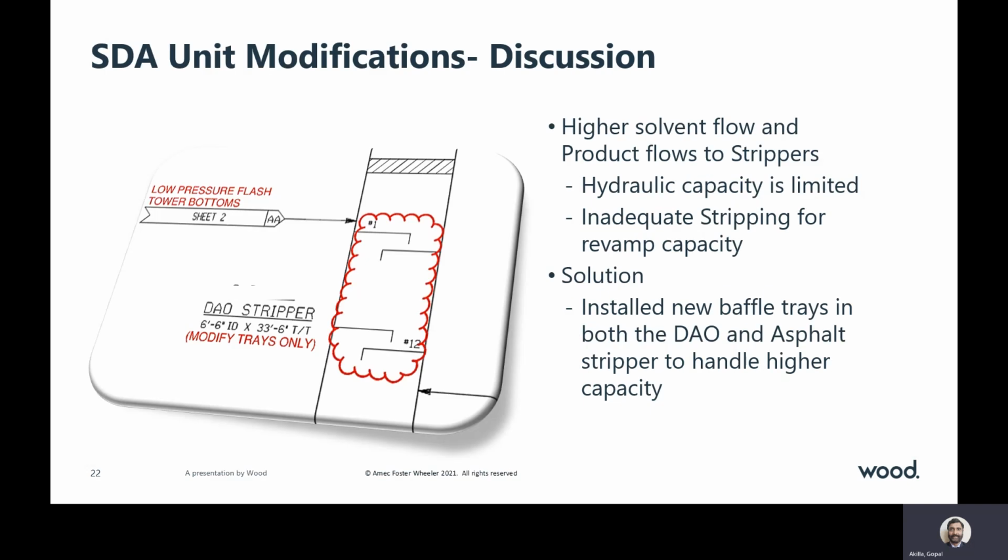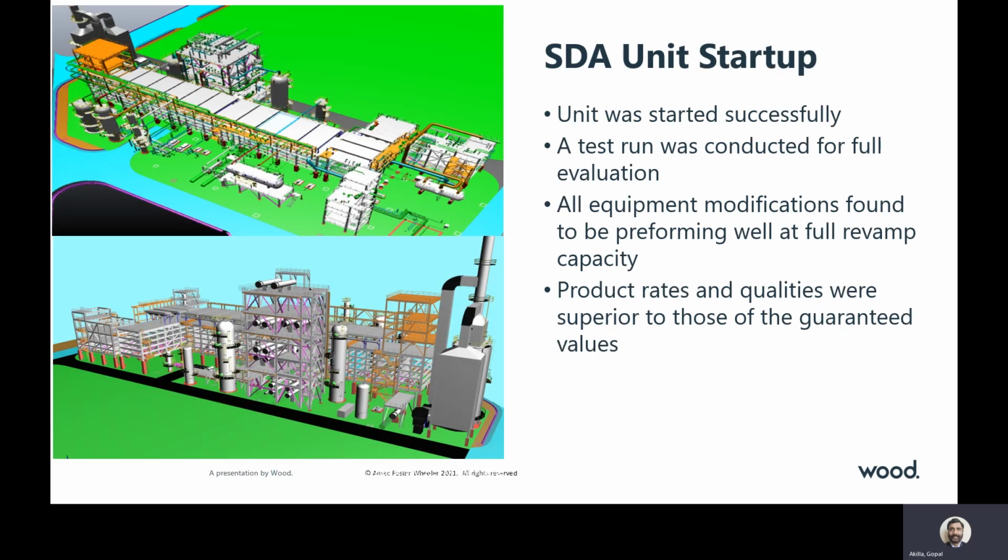Now, higher solvent flow to the product strippers. Hydraulic capacity is limited, with inadequate stripping for the revamp capacity. Solution: installed new baffle trays in both the DO strippers to handle the higher capacity. SDA unit startup.